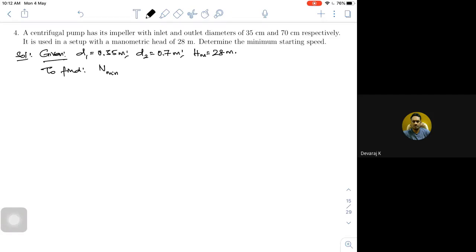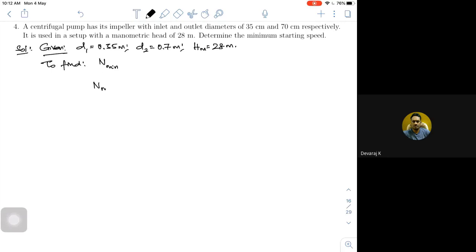See, we did a derivation. So what is it actually? The minimum starting speed should be equal to or greater than the square root of 2 times G by pi square, into 60 square into HM divided by D2 square minus D1 square, whole to the power of 1 by 2.